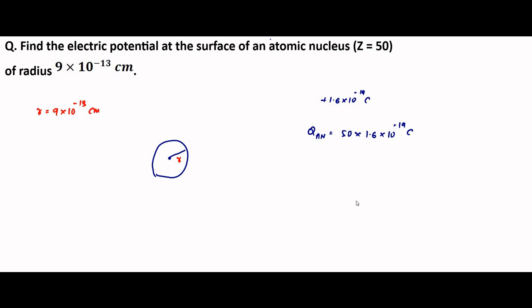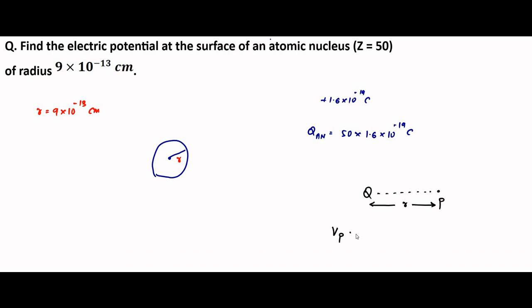Now we know the formula for electric potential at any point due to a charge. Let us say we have a charge Q and we have to find the electric potential at this point P, due to this charge, which is at a distance of R away from it.